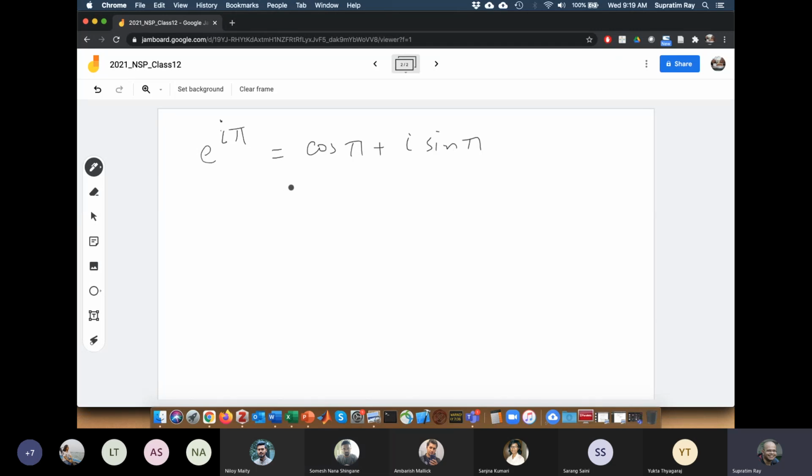What is cos pi? Minus 1. What is sin pi? 0. So e to the power I pi plus 1 is 0. This is Euler's formula, or theorem, or something.